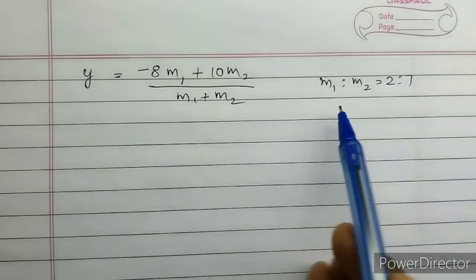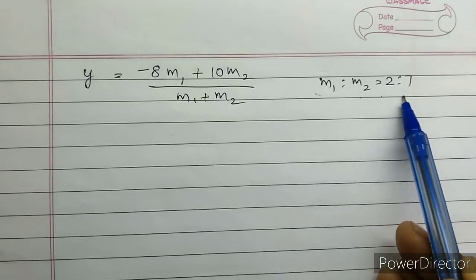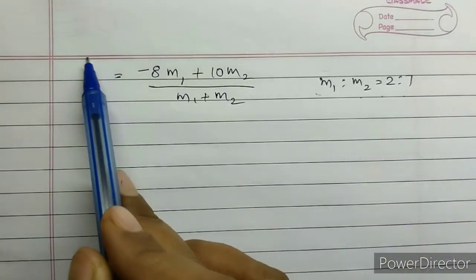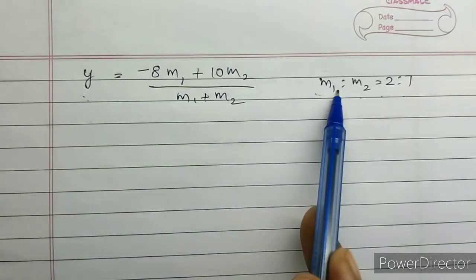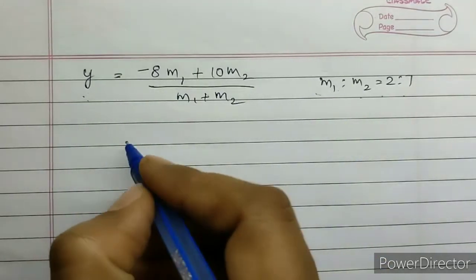So this way you got m1 is to m2 is 2 is to 7 and y equals, this y you have to get 6. If you are getting 6, it means the m1 is to m2 you got is correct. So we will see that.